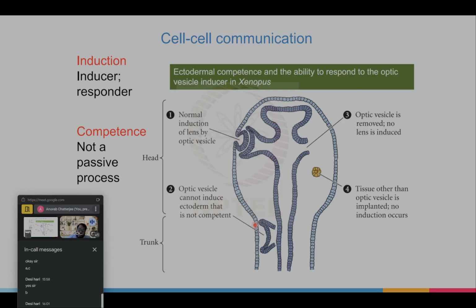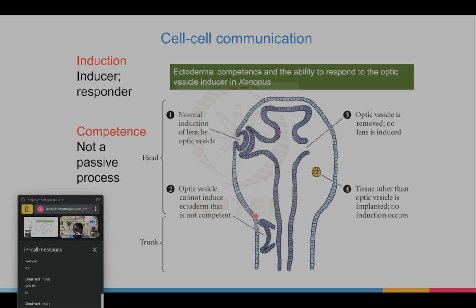Here the next idea came. So the optic vesicle is an inducer, so it induces the surface ectoderm to form the lens. But all over the embryo, the surface ectoderm is not competent to form the lens. So even though the optic vesicle is sending out signals, the surface ectoderm all over here, away from the head, is not able to form the lens.